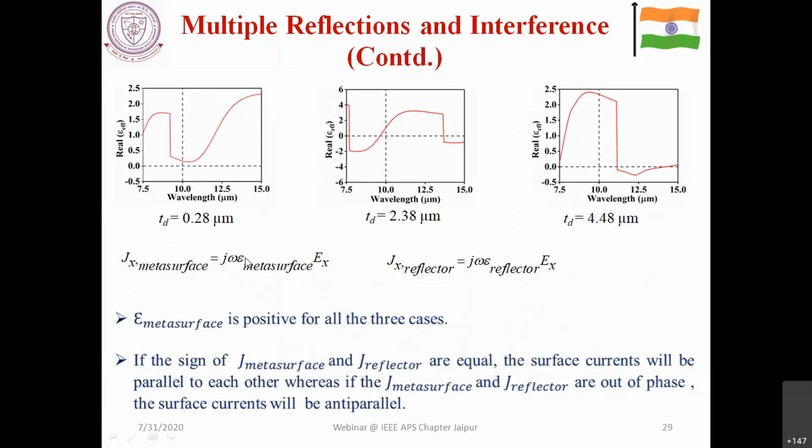So plus into plus is plus, and minus into minus is plus, right? So Jx metasurface and Jx reflector will be of identical sign, parallel in nature. Here comes one of the fallacies: these surface currents may be parallel, even to achieve absorption, but you are invoking some kind of high order cavity, right?